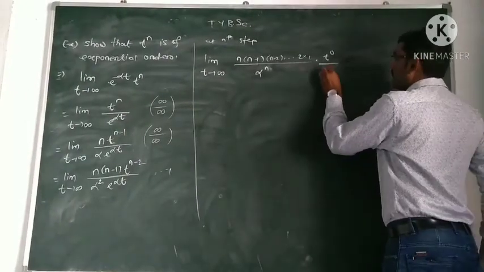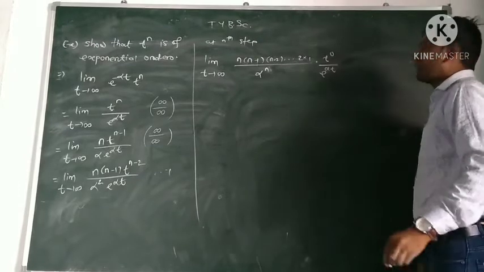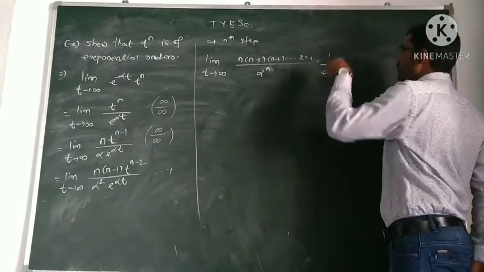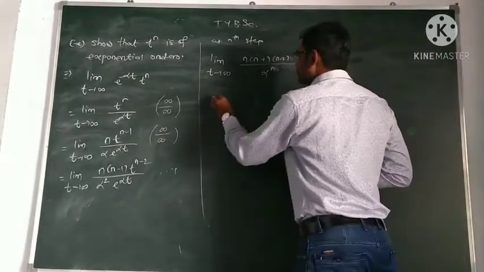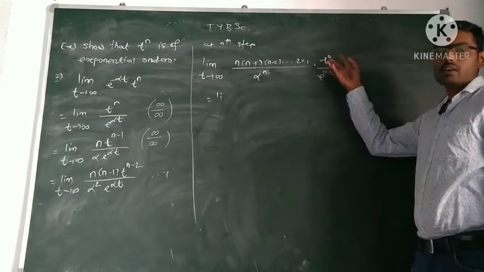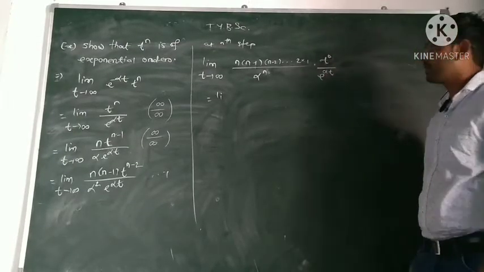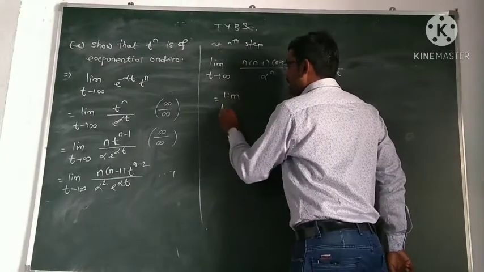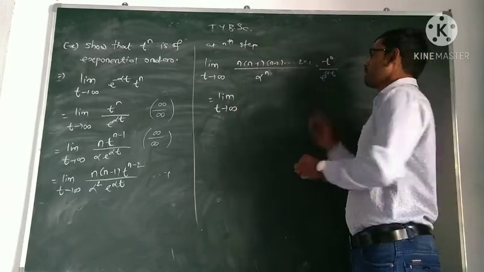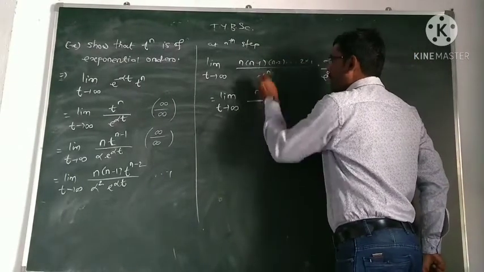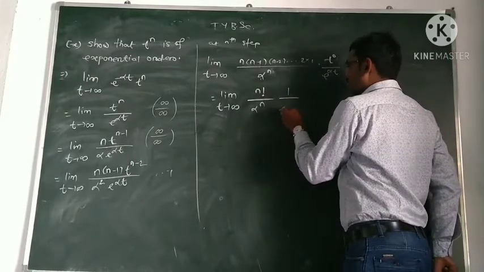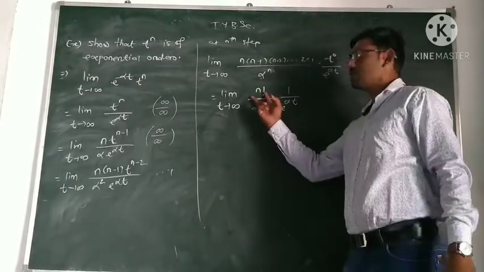Now t raised to power 0 means 1. So we can write this as just 1. Okay. So keep it as t raised to power 0, and this is equal to limit t tends to infinity of n into n minus 1, n minus 2 up to 2 into 1, so n factorial upon alpha raised to power n, t raised to power 0 is 1, so 1 upon e raised to power alpha t. Now n factorial upon alpha raised to power n is constant.